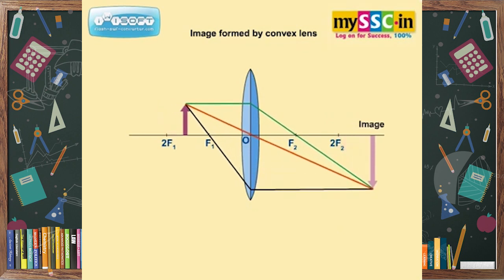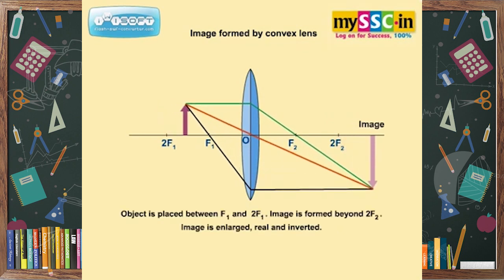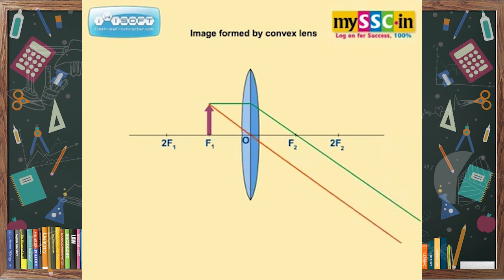When object is placed between f1 and 2f1, image is formed beyond 2f2. Image is enlarged, real, and inverted. When object is placed at f1, image is formed at infinity. Image is enlarged, real, and inverted.